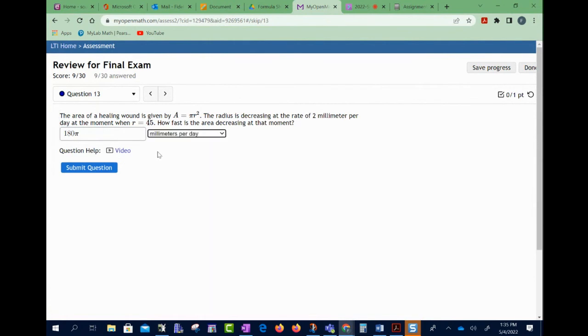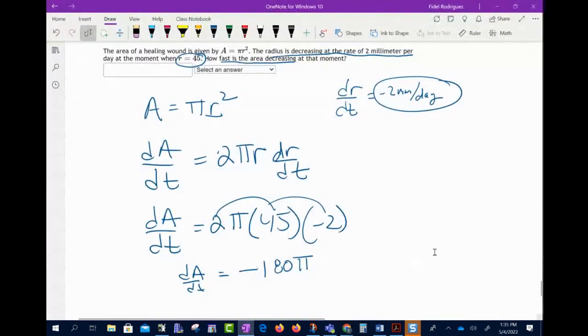Now, guys, I want you to notice something. The answer that we came up with when we did it was actually a negative 180, right? Okay. Now, the question says, how fast is the area decreasing, right? Since it says it's decreasing, it's understood that it's going to be negative, right?